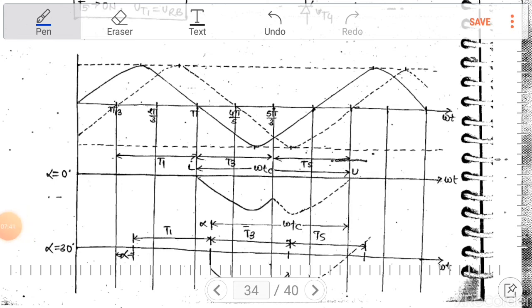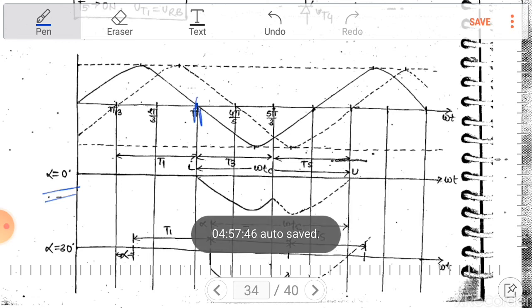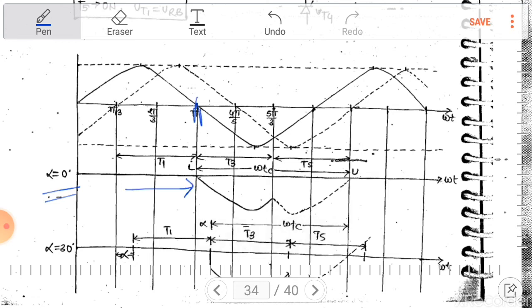Circuit turn-off time of thyristor 1 for alpha equal to 0 can be determined like this. When thyristor turns off at pi, because after 120 degree conduction its voltage will be less than the other voltages, which are increasing, so the thyristor will be turned off.